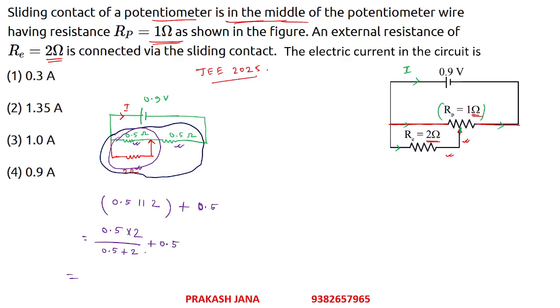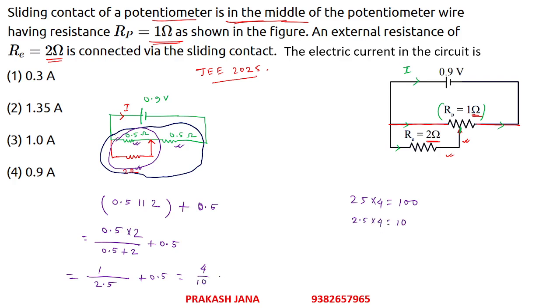So 0.5 into 2, that is 1, and in the denominator it will be 2.5. Then if we multiply by 4, we will have 2.5 into 4, which is 10.